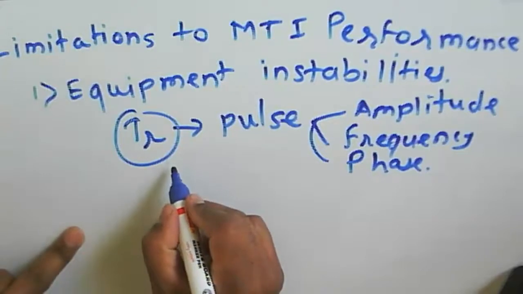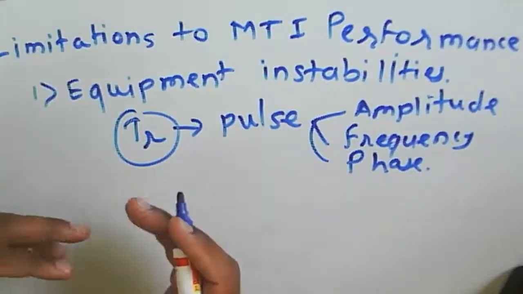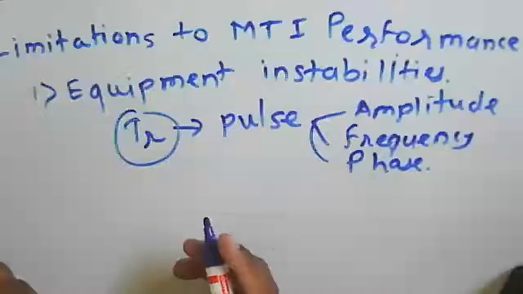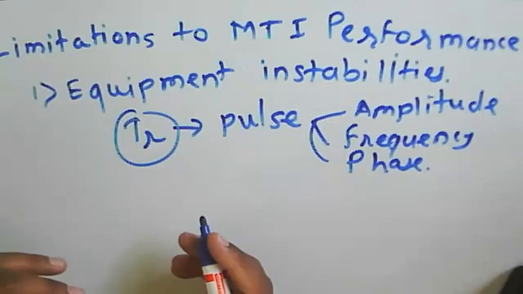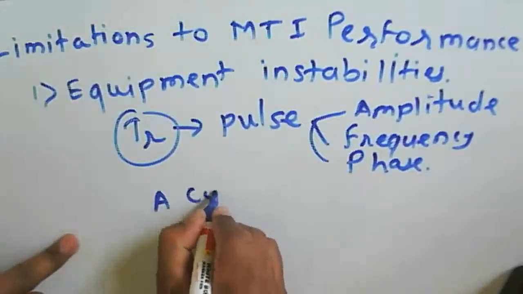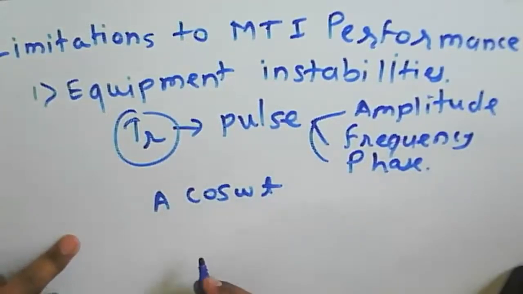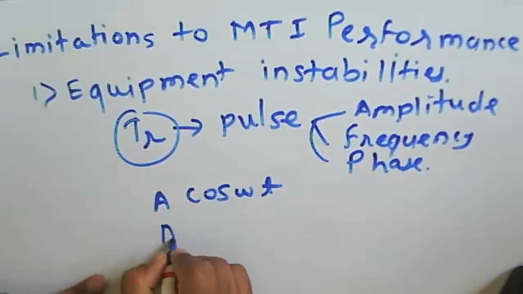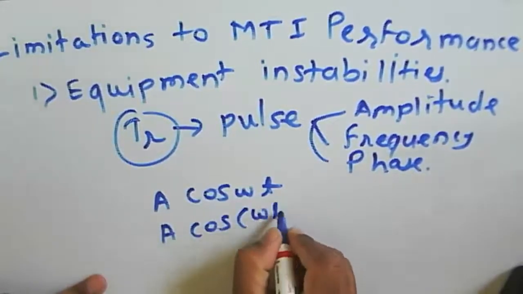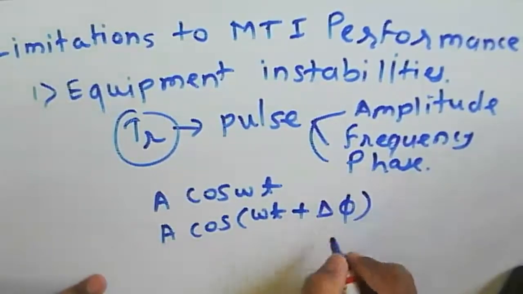The stationary clutter echo after sending the first pulse is considered as A cos of omega t, and from the second pulse we get A cos of omega t plus a small variation in the phase.